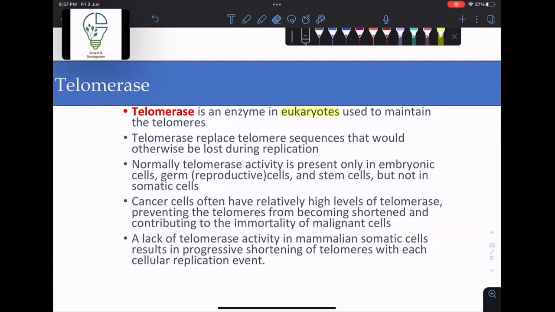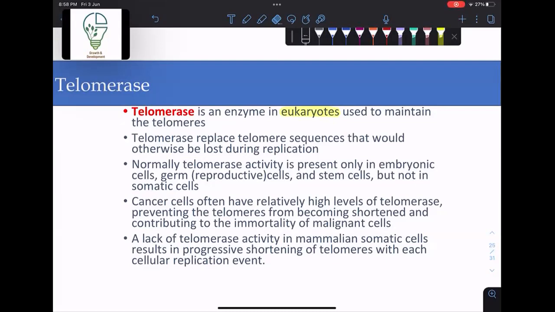But obviously, with age, the population of the enzyme telomerase decreases. The function of telomerase is to maintain the telomeres and make sure that not all of the telomeres are lost in every cycle of replication. Normal telomerase activity can only be found in embryonic cells, reproductive cells, or stem cells.